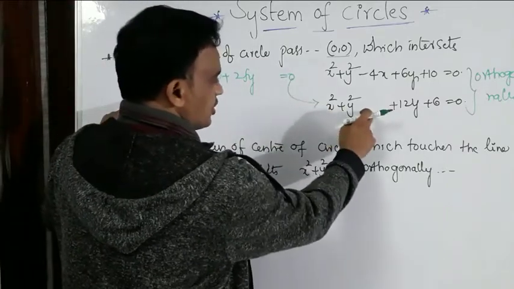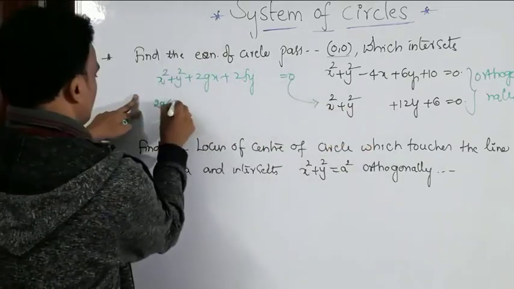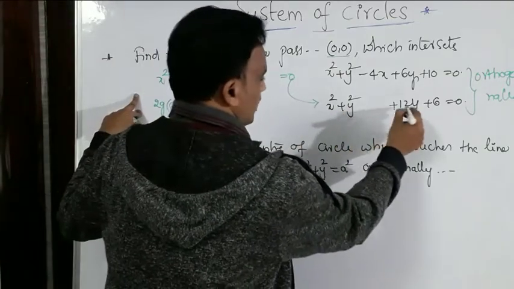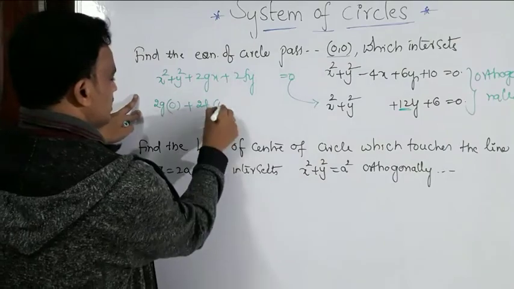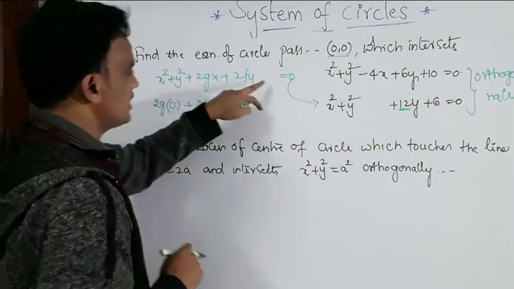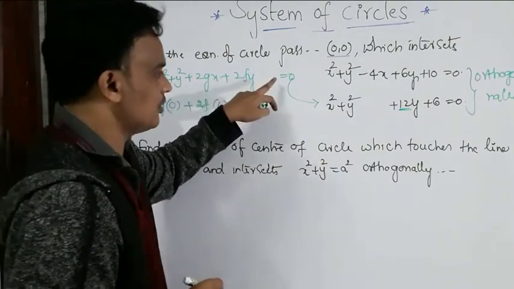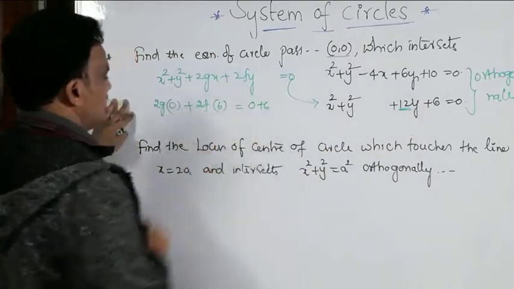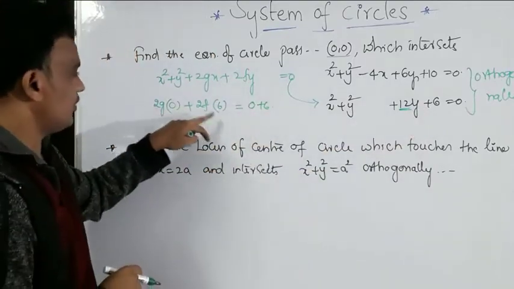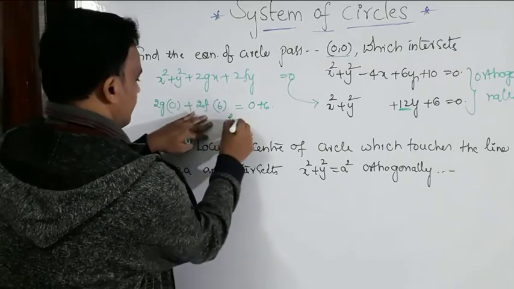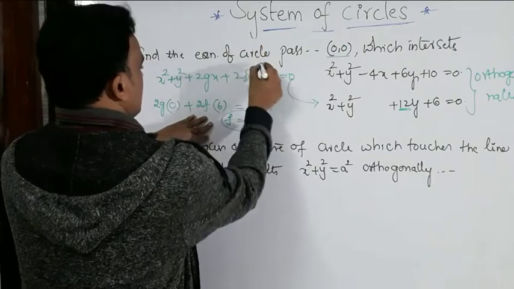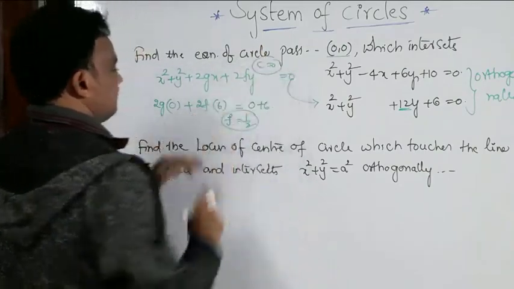For g dash, there is no g term, so it is 0 plus 2f into f dash. What is the f dash value? It is 6, equals c plus c dash. In that case, the constant is 0 and here the constant is 6. So 0 plus 6, which is 12f is equals to 6, so f value is 1 by 2. Of course, already you got that c value is 0.